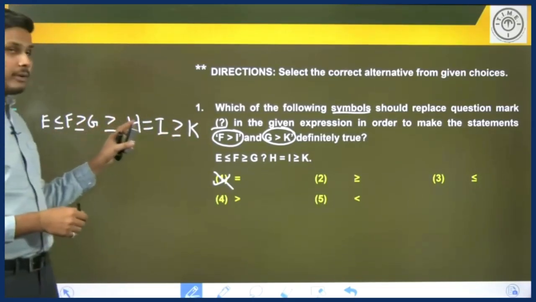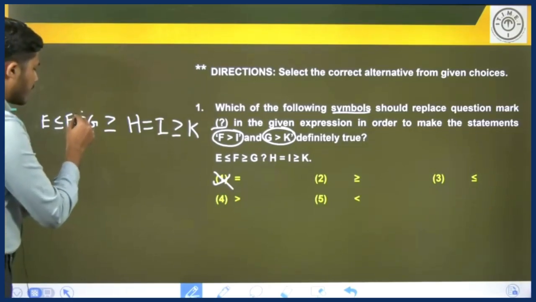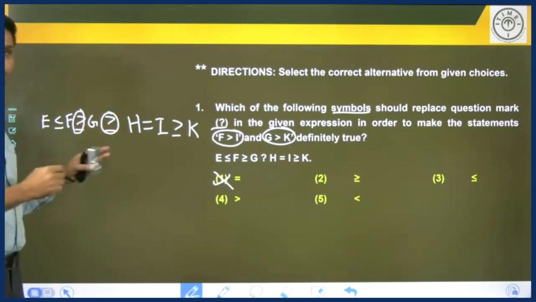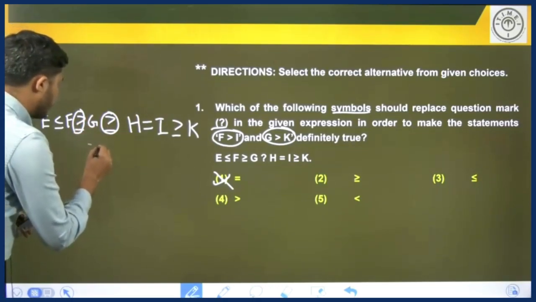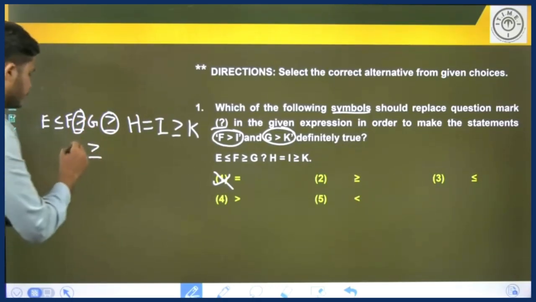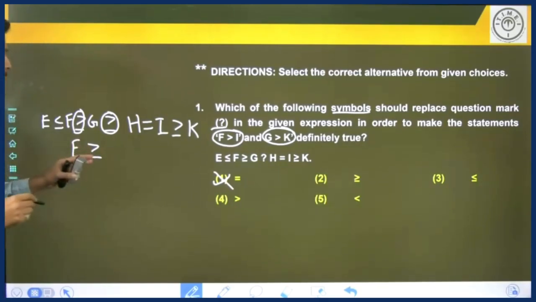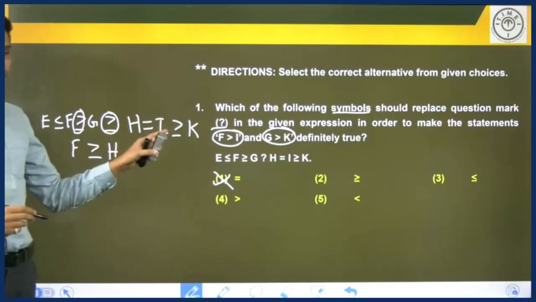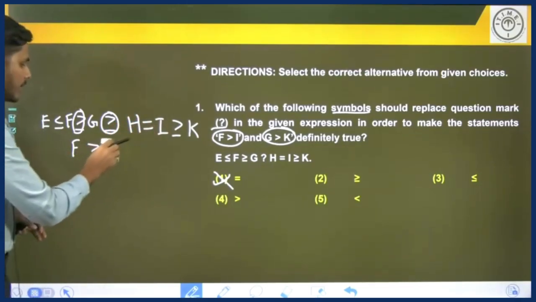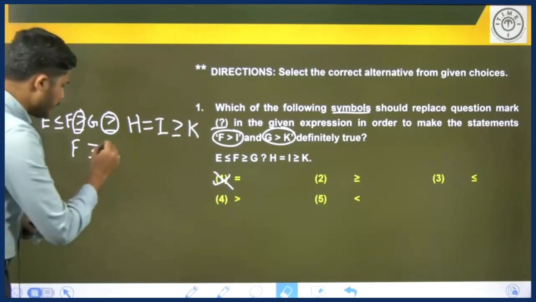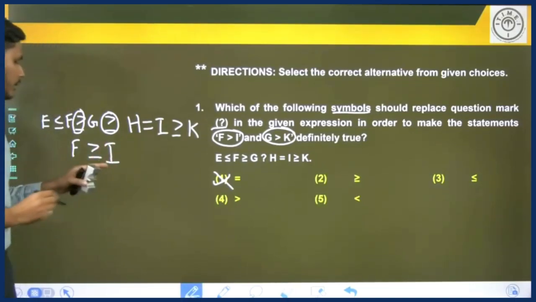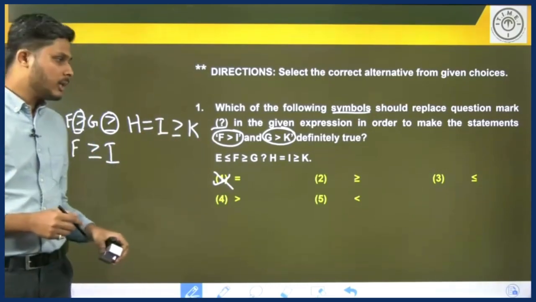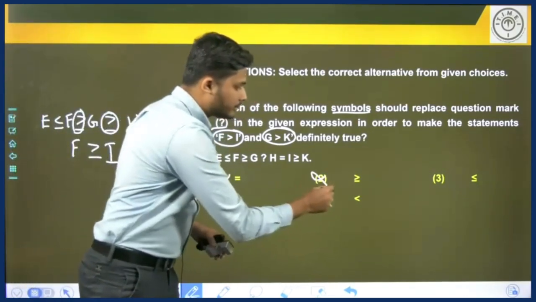Since the symbols are the same, the end result will also be the same, which is f greater than or equal to h, and the relation between h and i is h equals i. So we can replace h with i, and again we will get f greater than or equal to i, which is not same as the given condition. Hence option 2 is also eliminated.